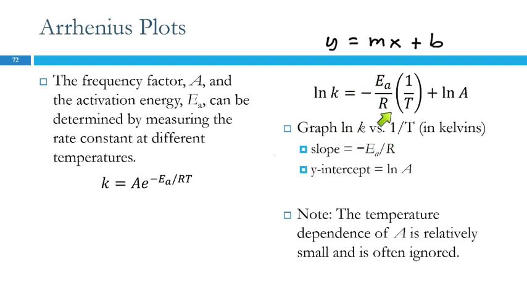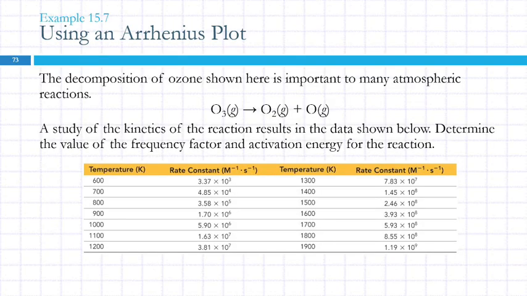The slope is going to be negative Ea over R. The intercept is going to be the natural log of A. If you're having a hard time assigning these letters to parts of a linear equation, please ask me during lab, because once you see how that works, it makes everything much easier. Okay. So when you plot data like that, it's called an Arrhenius plot. It's based on the Arrhenius equation.